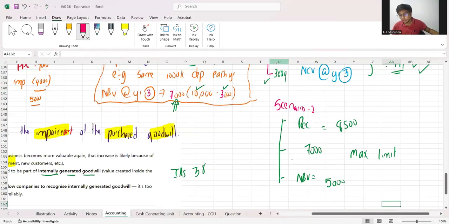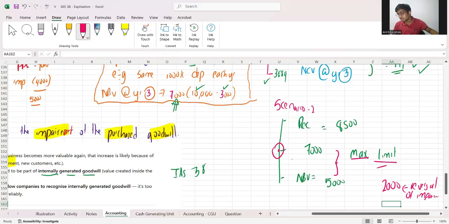You know you are only allowed to reverse until the maximum limit. Always fix it in your brain. You are only allowed to reverse until your maximum limit, which is 7,000. So therefore, your reversal of impairment would be 2,000.